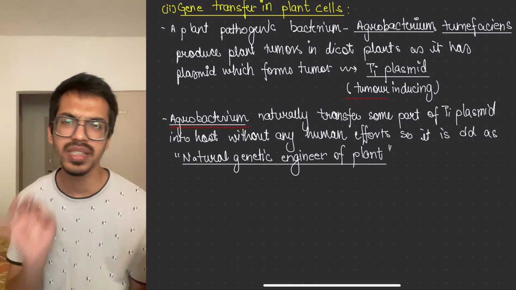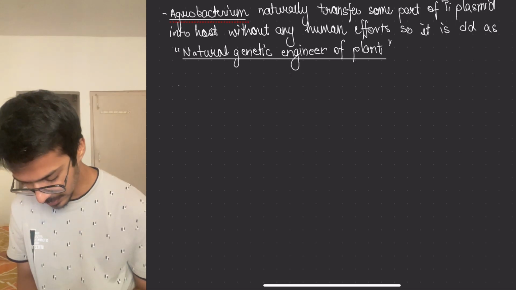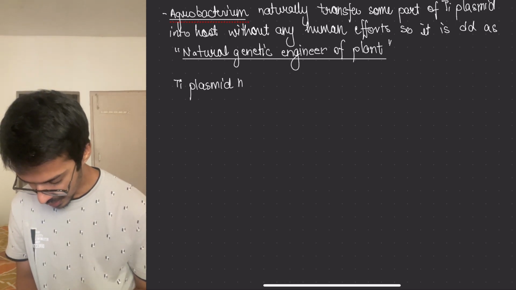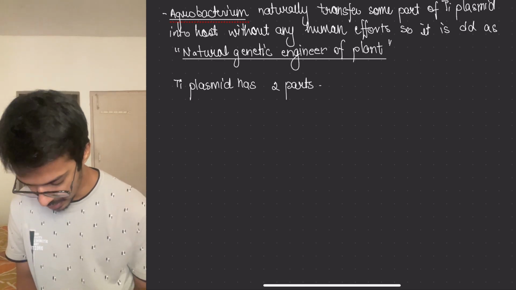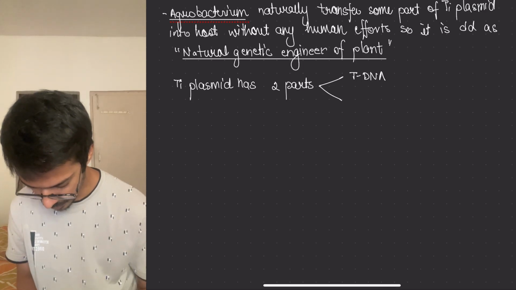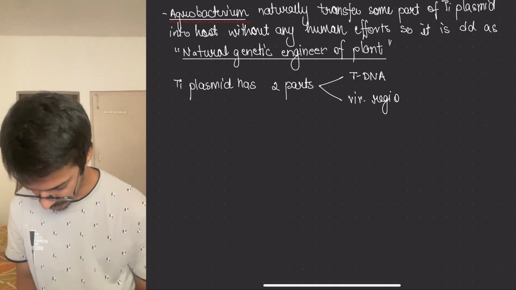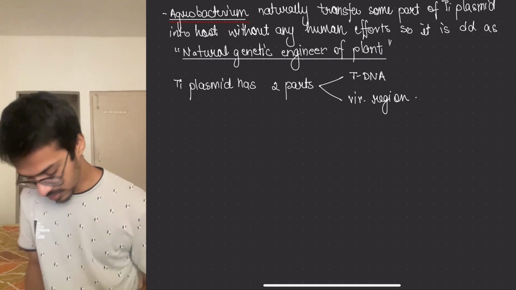This concept is understood. Okay, Ti plasmid has two parts. What are the two parts? Number one is the tDNA and one is the vir region. So what is happening over here? This is what we're going to see.